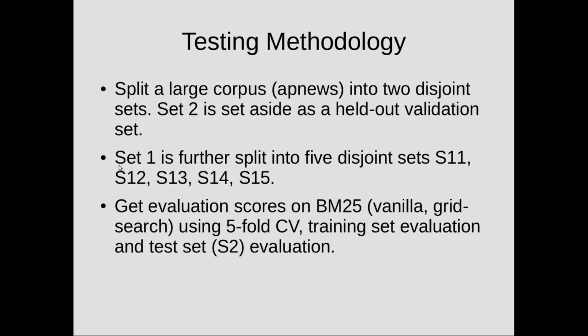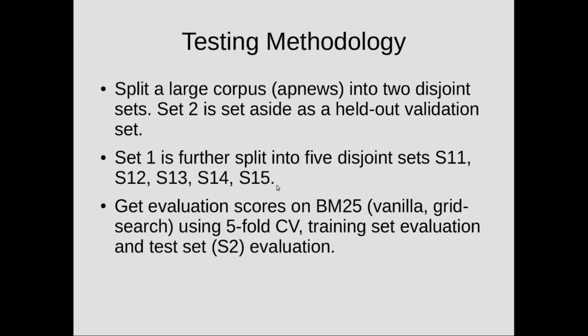Now set 1 on the other hand is further split into 5 disjoint sets. I'm just going to call them S11 all the way to S15. And these 5 sets are basically the training data that I have. So essentially I have 5 sets of training data, so I can do the test 5 times.